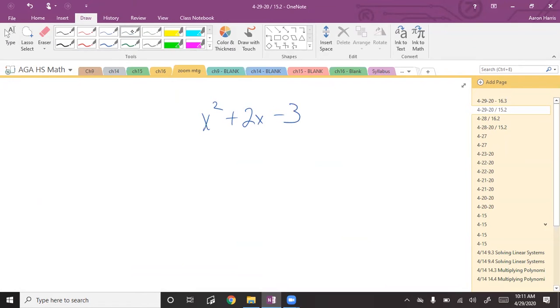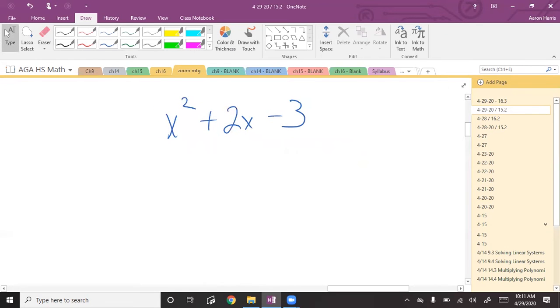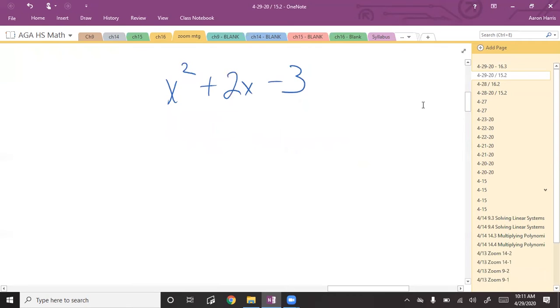I can't see the problem. Is it lagging or do I have it on the screen? I could see the number 3, but not the whole equation. That's different. What do you see on your screen right now? I see positive 2x minus 3.